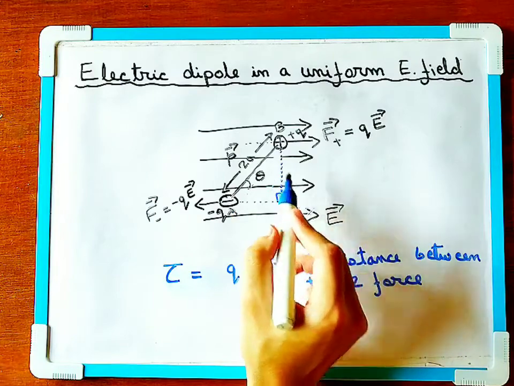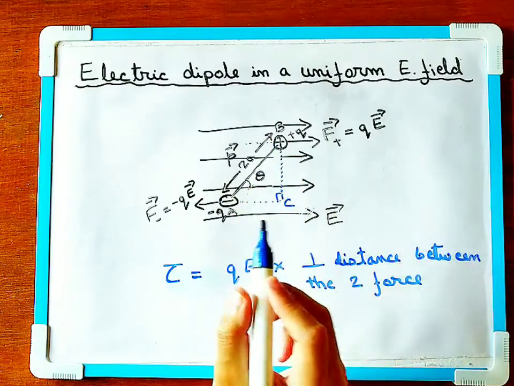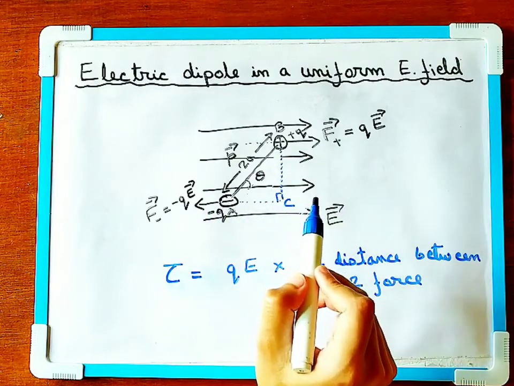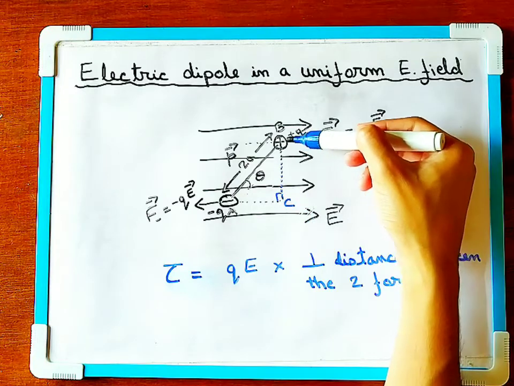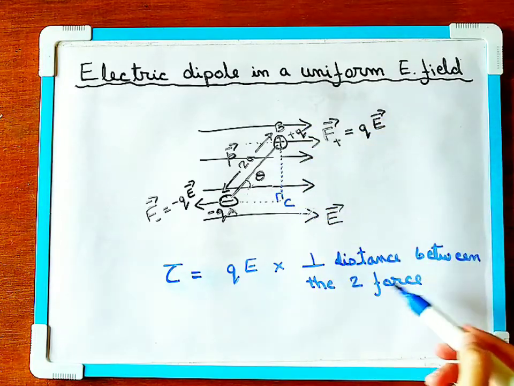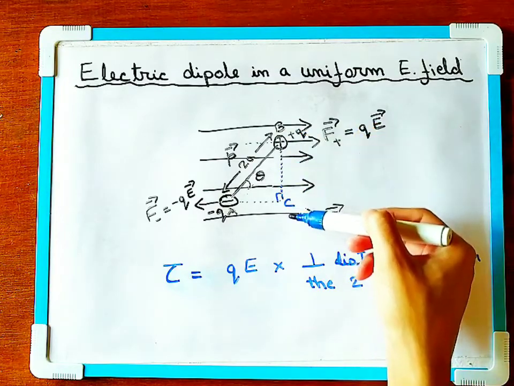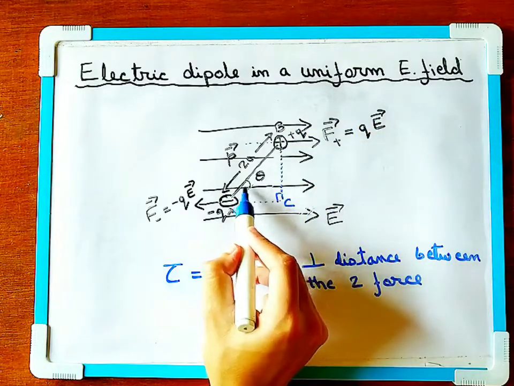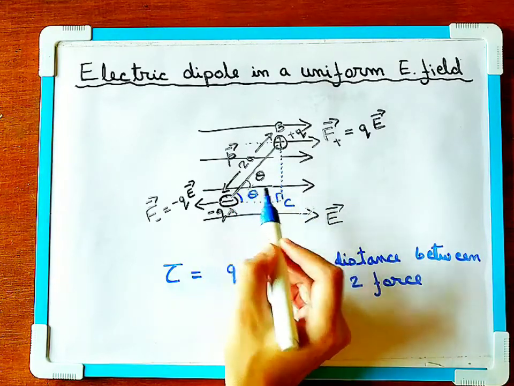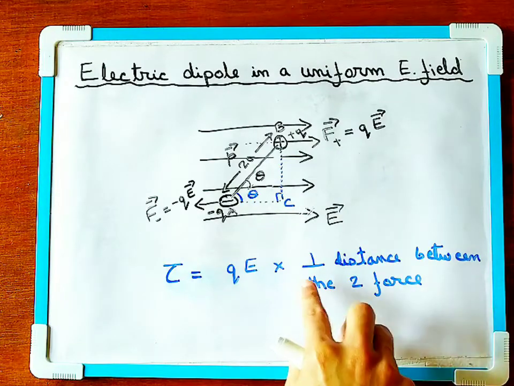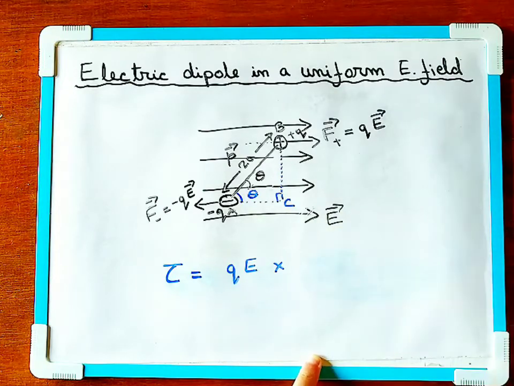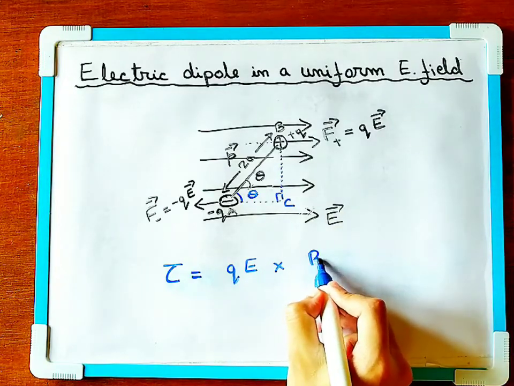So let this line be BC. As you can see here, this is the force, and this is also the force, and the perpendicular distance between them is this line BC. So here the perpendicular distance between the two forces is this line BC, and since this and this are parallel, this angle here also will be equal to theta. So instead of the perpendicular distance between the two forces, I'll write BC.